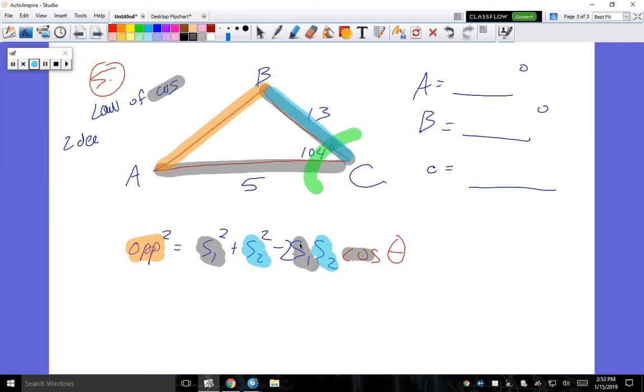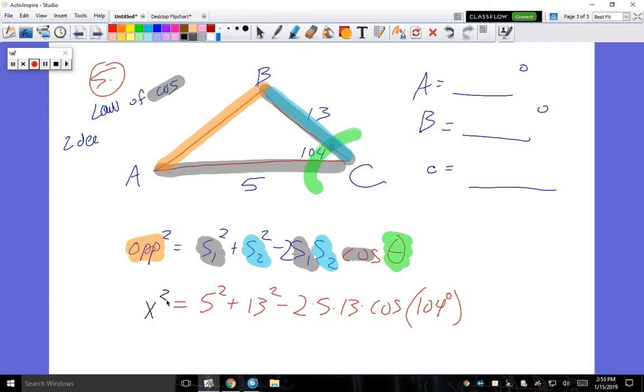And then we know the angle is 104. So all you're going to do is replace everything. So you have 5 squared plus 13 squared minus 2 times 5 times 13 times the cosine of a known angle of 104. This is all equal to an unknown squared.